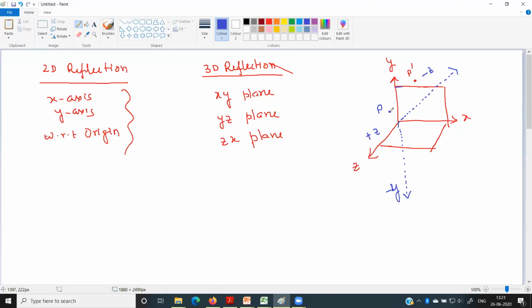So if this point is reflected through this plane, it will come somewhere here. Let us say if it is P, then this point is P double dash.